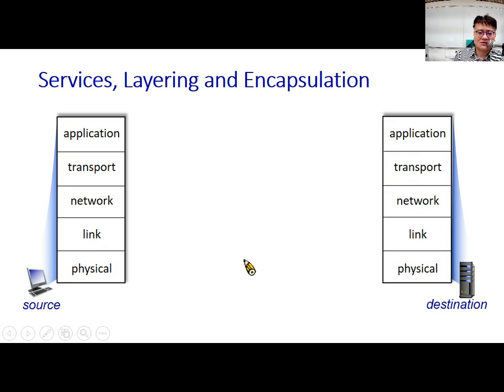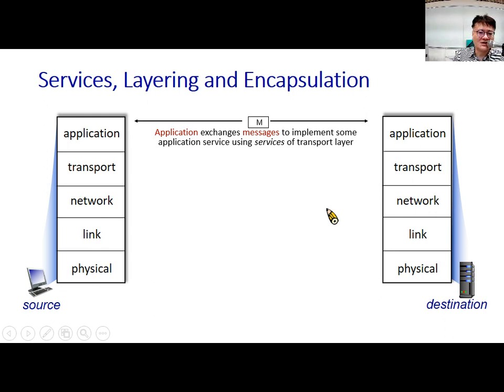Okay, so the service, the layering and the encapsulation are based on this architecture from the source to the destination. It's peer-to-peer: application to application, transport to transport, network to network, link to link, and physical to physical. Physical is also from the source to destination.